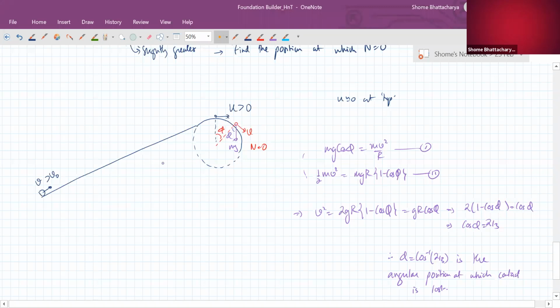Okay, so this is the solution of the 62nd question, the C part of the 62nd question. So hope this is clear, Kunj and Ayush.